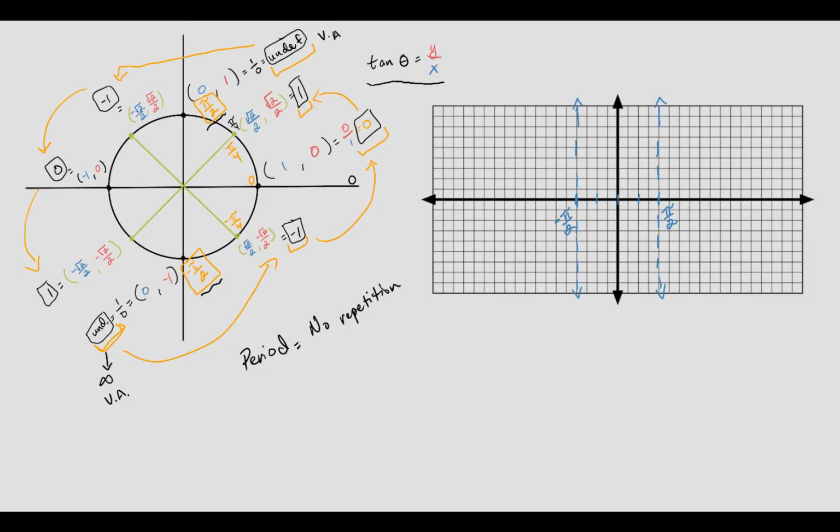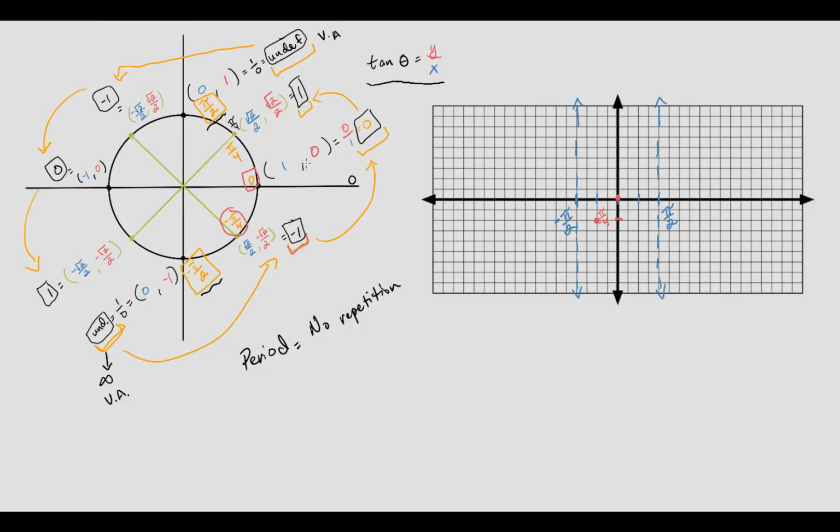And then I'm going to plot these quarter marks here. If I travel to negative pi over 4, and you'll notice I made the scale every 2 of these is pi over 4, negative pi over 4, I'm down at negative 1 here. So let's make that 2 of these, so it'll be right here. And then I travel to 0.